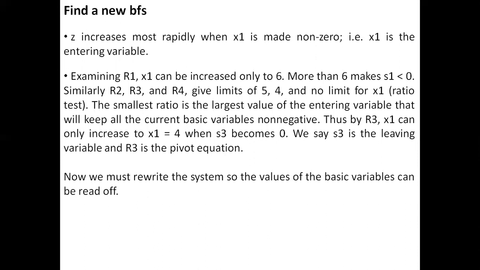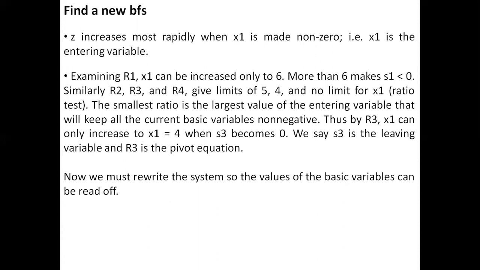Similarly row 2, row 3 and row 4, giving the limitations of 5, 4. Here we consider S2 equated with respect to 5, and S1 is taken with respect to X1 increased by 6, X2 5, X3 it is 4.